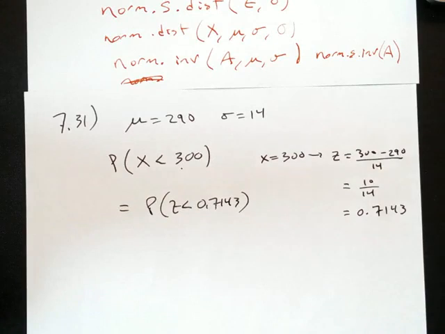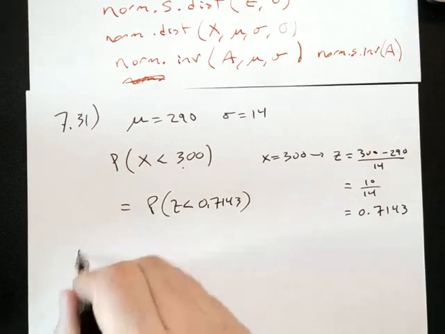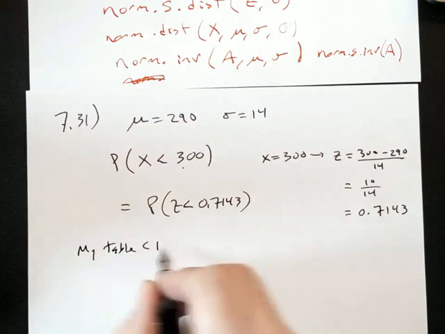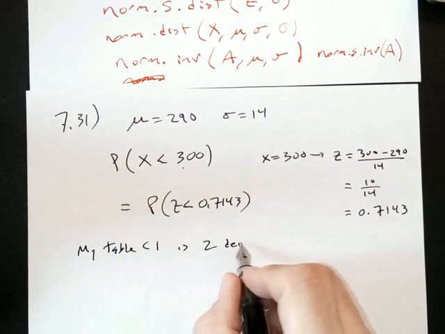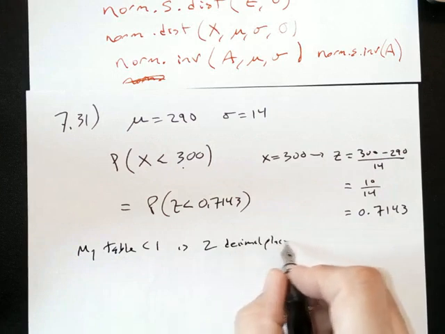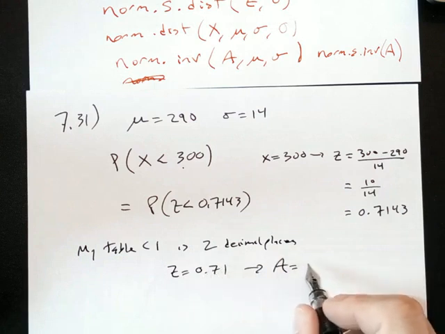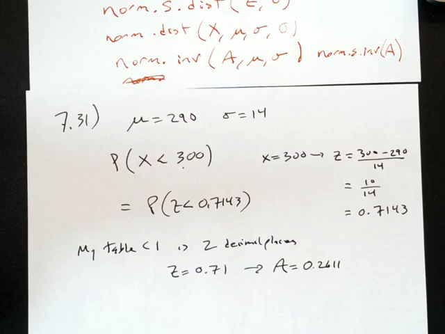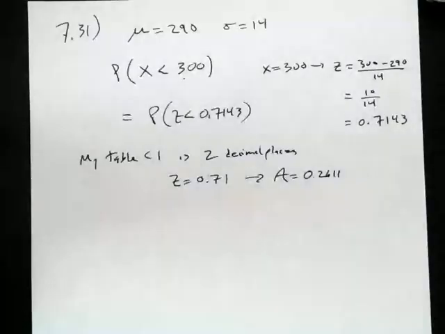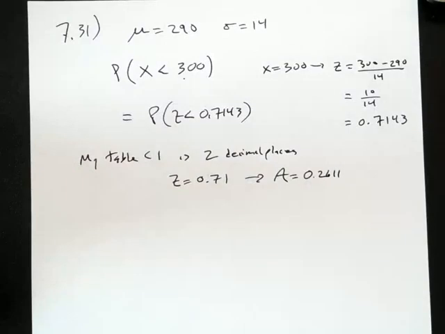Figuring out and even Z. What's areas at calculation?